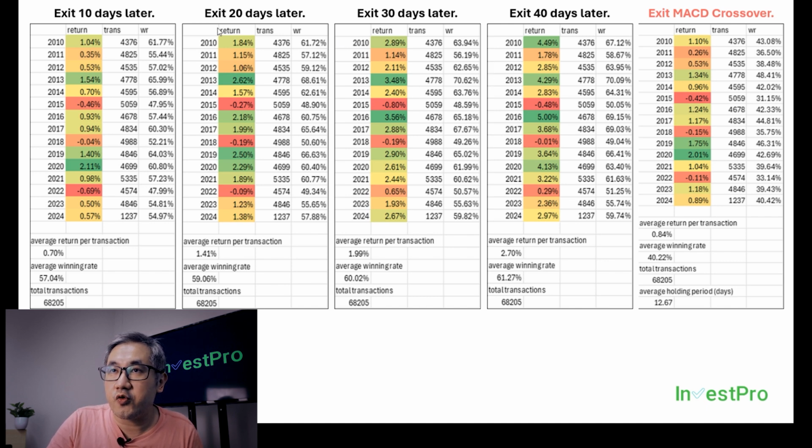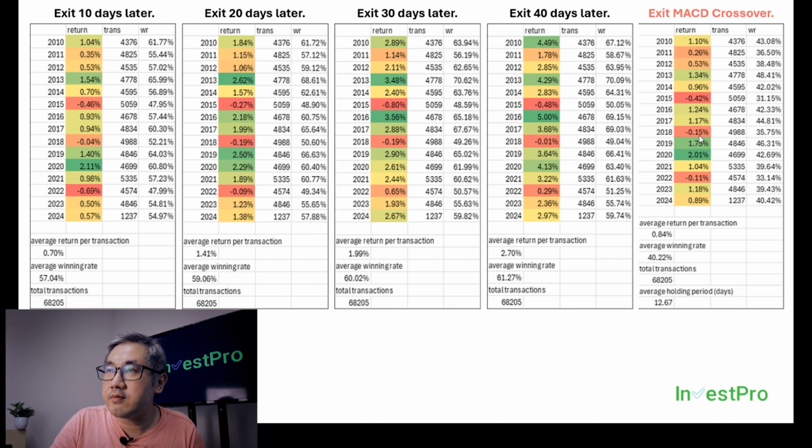So take a look at exiting 20 days later, where the average return per transaction is 1.41%, average winning rate 59%, and total transactions is 68,205. All right. Now, if you compare with the technique using the MACD crossover to exit, entry and exit with the MACD crossover, well, the average return per transaction is 0.84%, but the average winning rate is 40.22%.